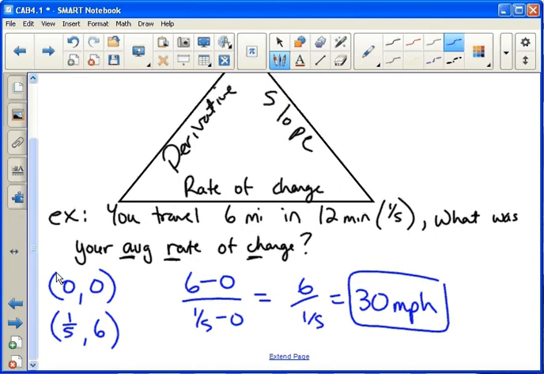Anytime you're asked to do the average rate of change, or the average velocity, or the average of any kind over an interval of time, you're going to use the slope formula. So there's no calculus involved here. It's just old school slope formula anytime they ask for the average rate of change or average velocity over an interval of time.